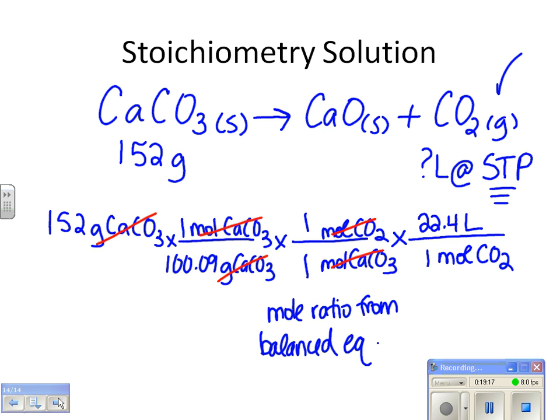So that gets all our units to cancel, gives us our answer in liters, and our answer is 34.0 liters. There's another way to solve this problem. You could have plugged standard temperature and standard pressure into PIV-NERT, with the number of moles and R as the constant, and you would have gotten the exact same volume, 34.0. Try it if you want to. And that is the end of our first gas law lecture. See you tomorrow.